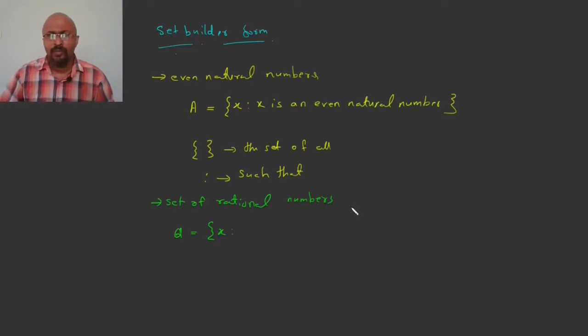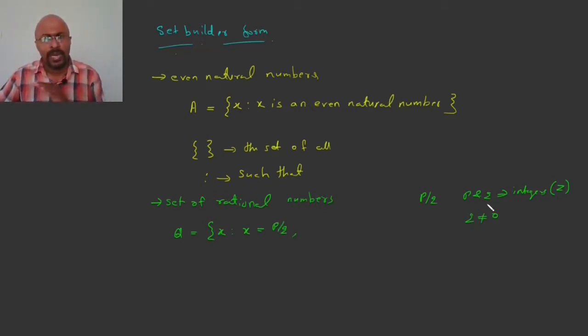And here we know a rational number is a number that can be represented as p by q, where p and q are integers. Also we know q is not equal to 0. We know integers are denoted with a Z. So, we are going to write this common property here, that is x, the variable, is equal to p by q.